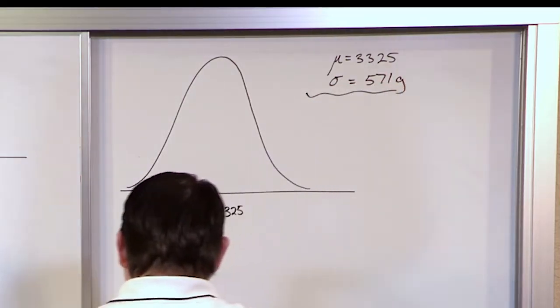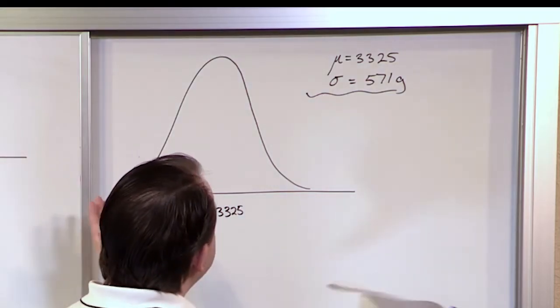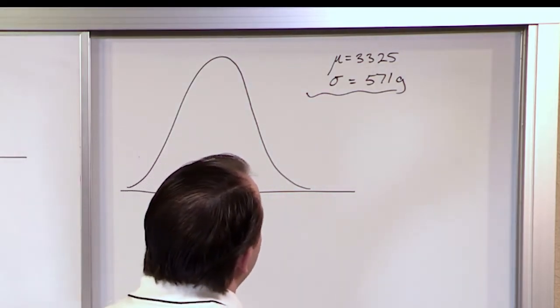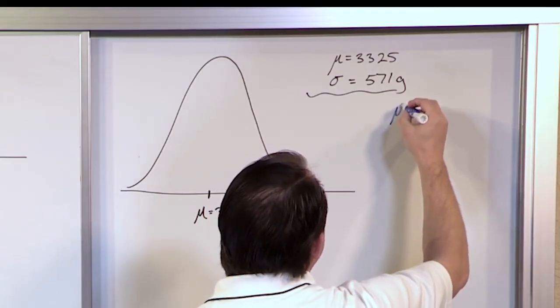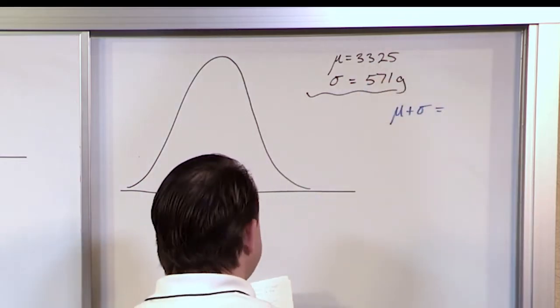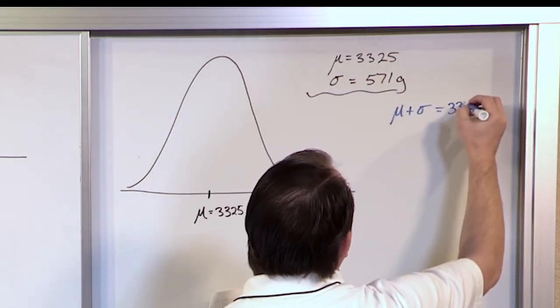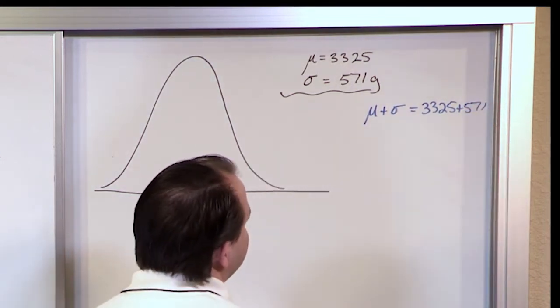All right? So what this means is that if I want to figure out what is one standard deviation about my mean, well, I would take my mean plus one standard deviation. If I add these numbers together, 3325 plus 571, that's plus one standard deviation.